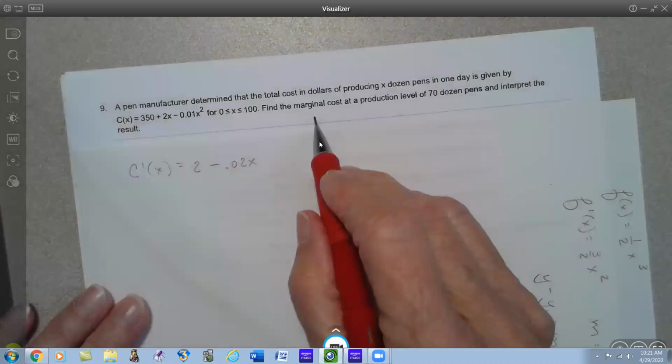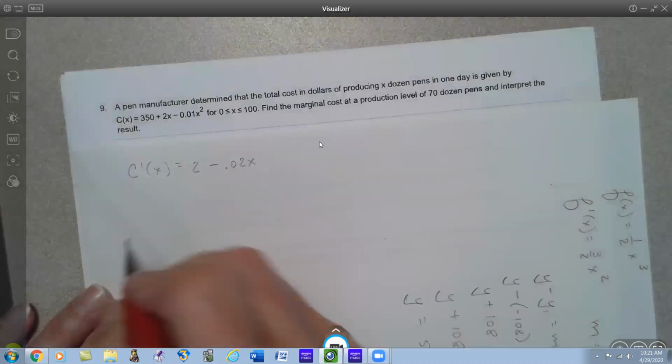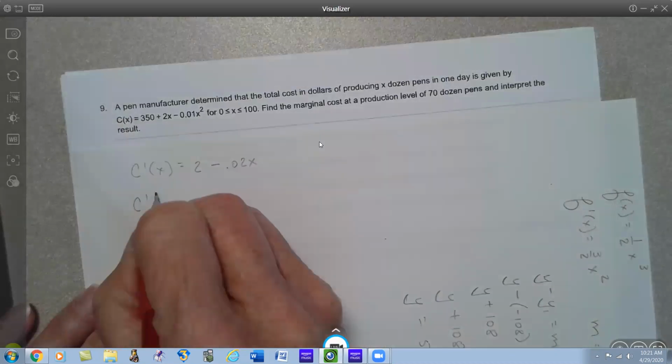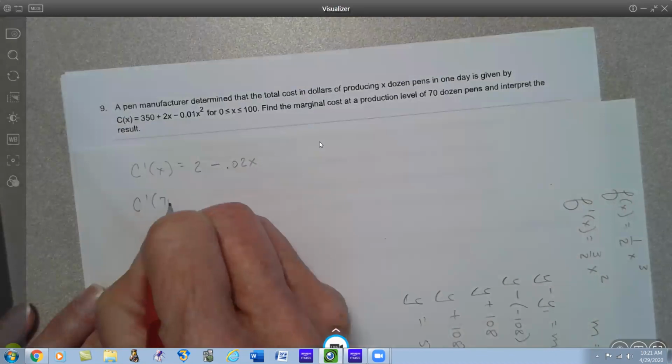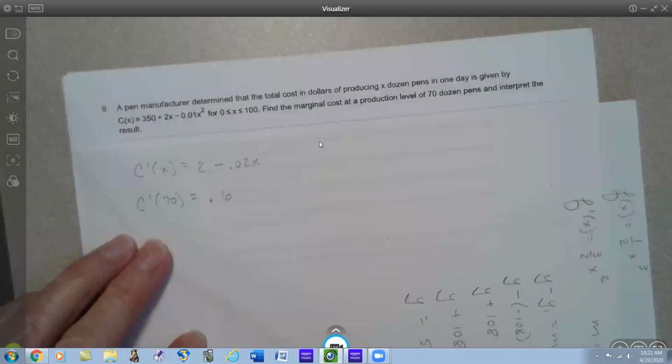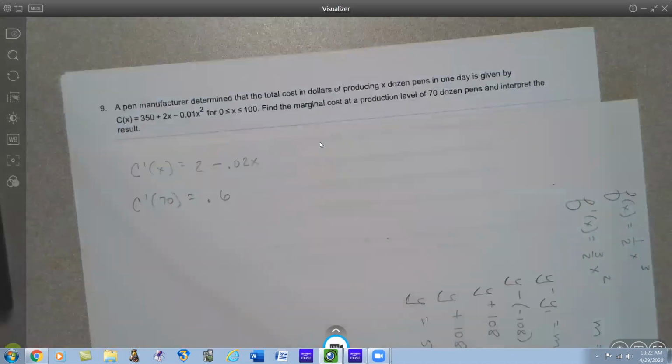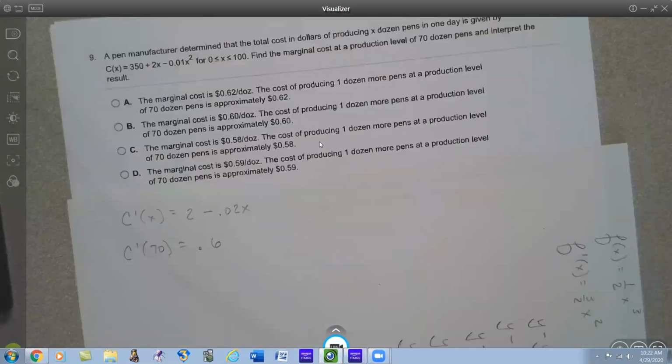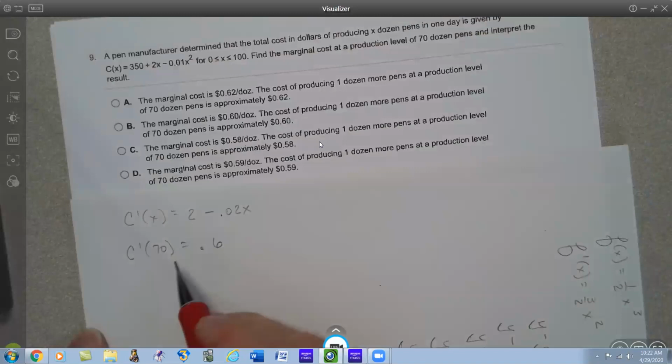So C prime of 70. Now remember that X is dozens of pens.